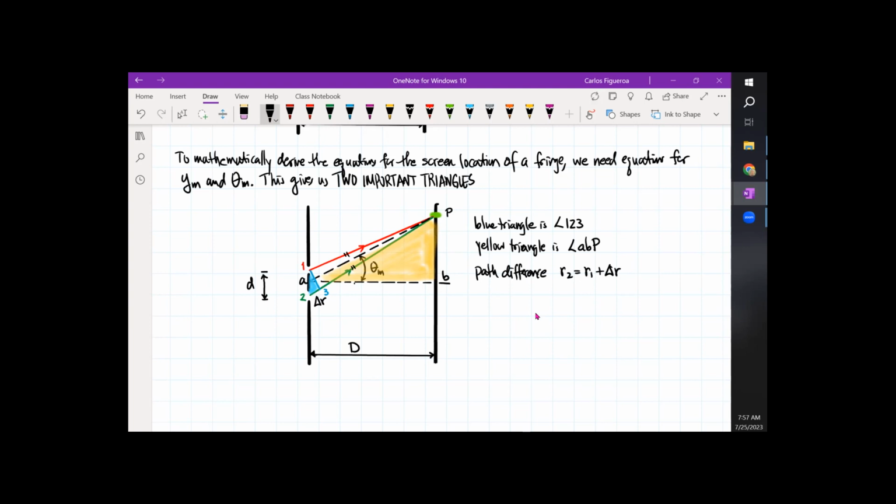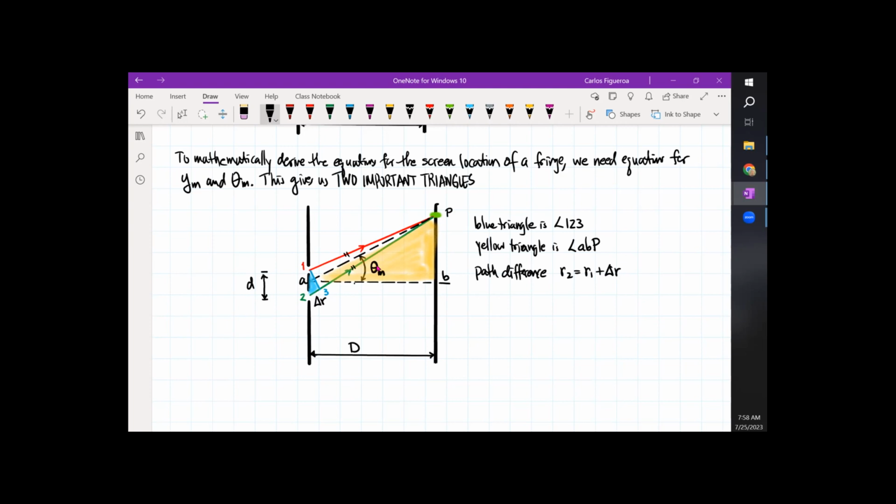So now, here we go. And this is where it gets a little bit tricky, because now, look what I'm going to do. There's theta m, right? Here's theta m.